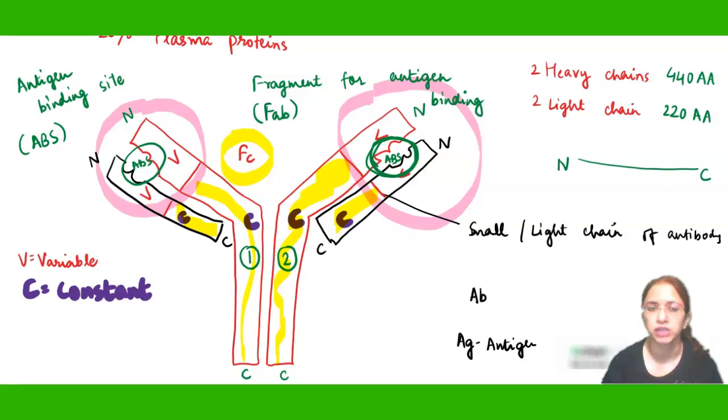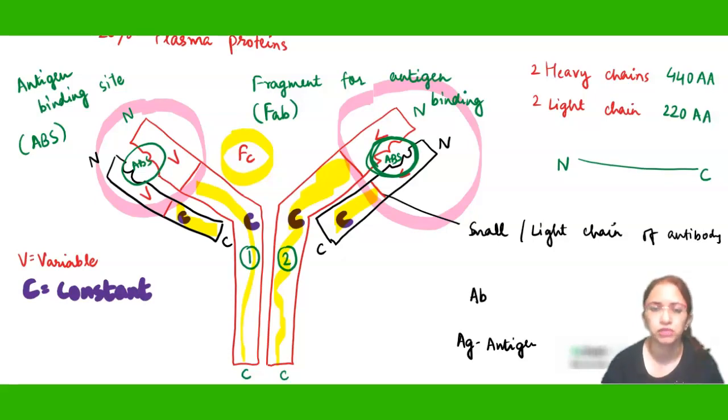Whereas the light chain is light because it contains fewer amino acids and its density will be less. The terminal parts of the heavy and the light chain are variable in nature because the amino acids may change. This is to have the ability to bind to different types of antigen.